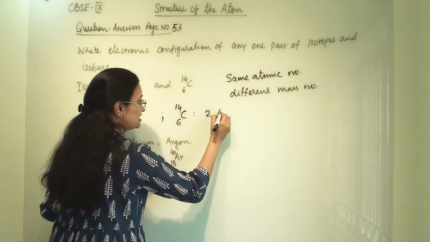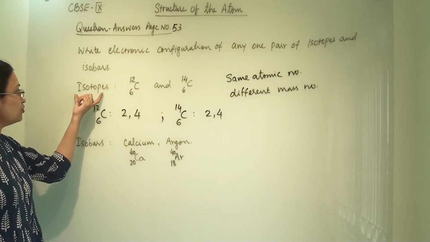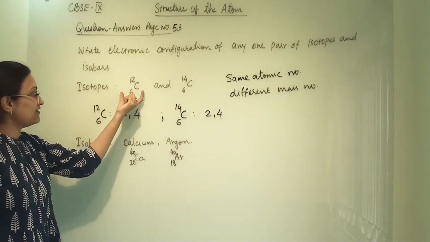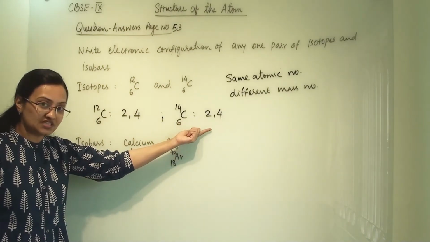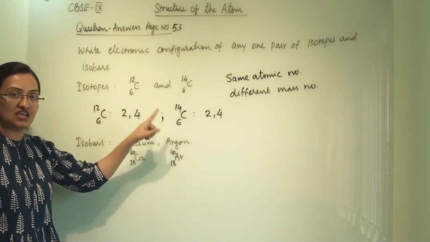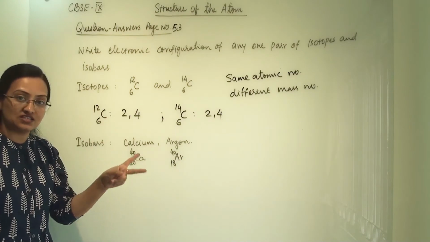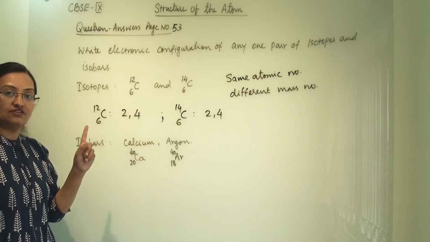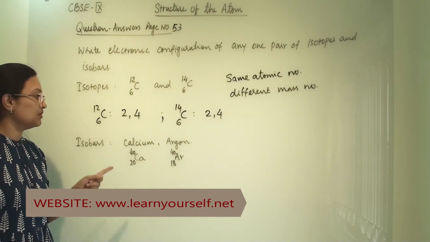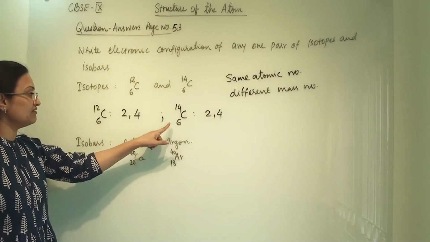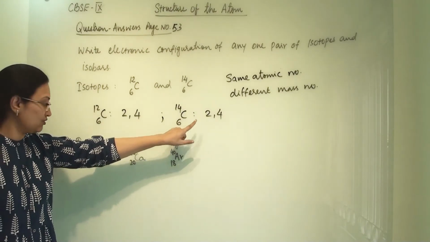So it will be same. So even though isotopes are having different mass number, their electronic configuration will be same. Why? Because they are sharing same proton count, they are sharing same electron count. And we are writing electronic configuration from electron number. So they will have same electronic configuration.